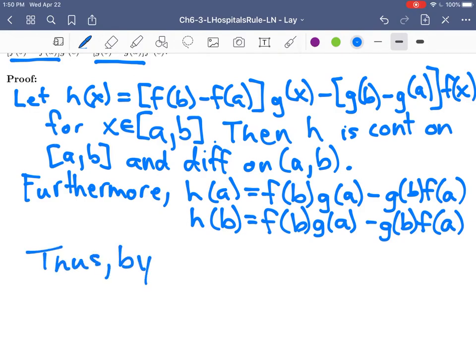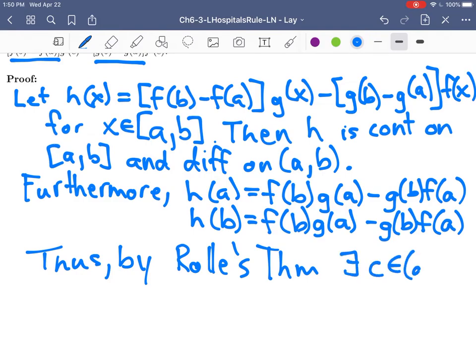Thus, by Rolle's theorem, we know that there exists a c in that open interval from a to b. There exists the value c in that open interval such that h prime of c is equal to 0.